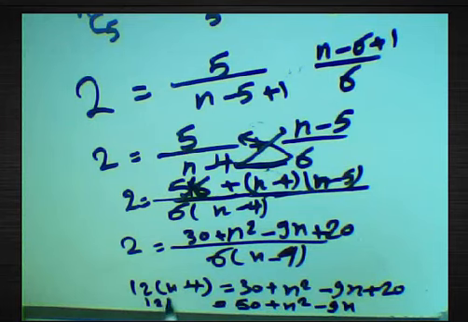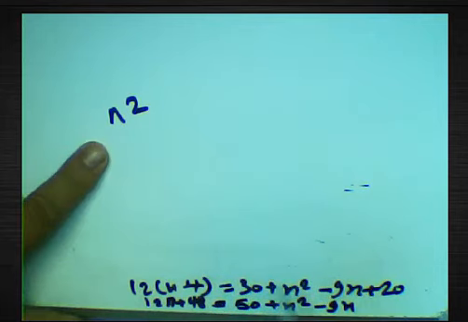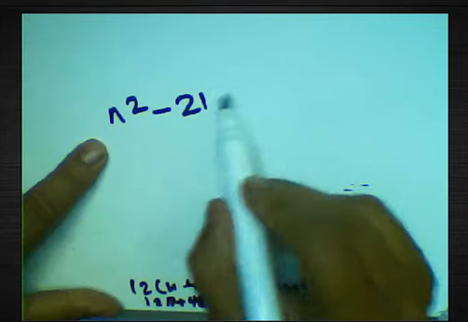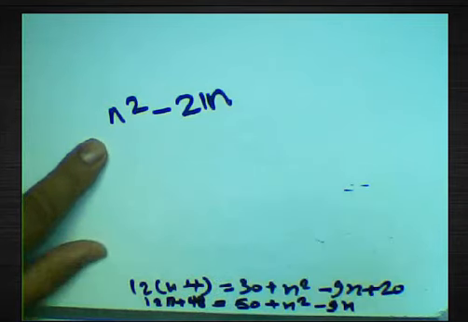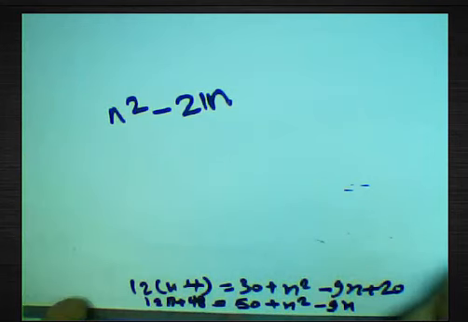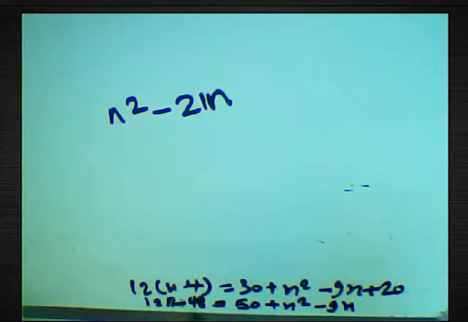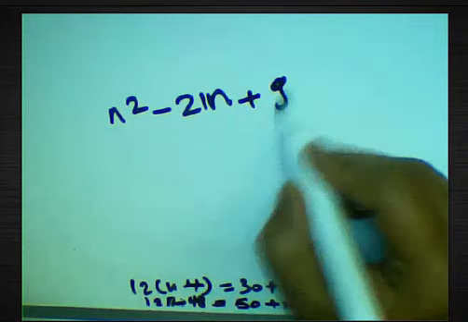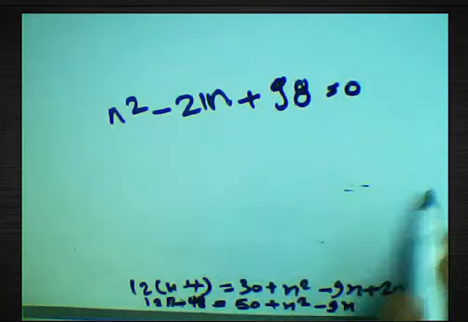50 plus n power 2 minus 9n will be equal to 12n plus 48, and then we can simplify it: n power 2, negative 9n and negative 12n make negative 21n, and 50 minus 48, moving the negative 48 to positive, will be positive 98 equals 0.